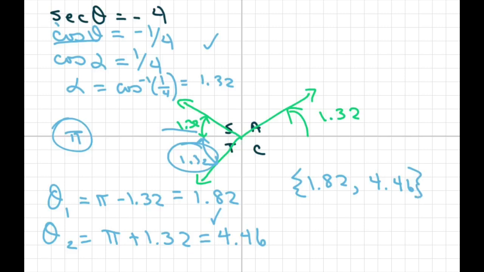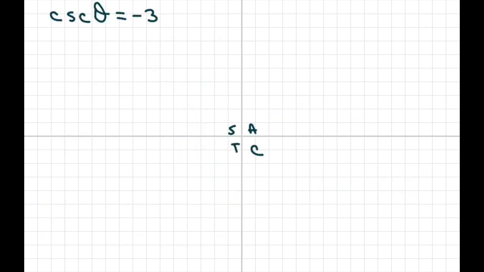And the last one is very similar. It's this one here. So I'm going to change this to sine. The reciprocal of cosecant is sine, all I have to do is flip this. So that's going to be negative 1/3. I know sine is negative in quadrant 3 and 4.